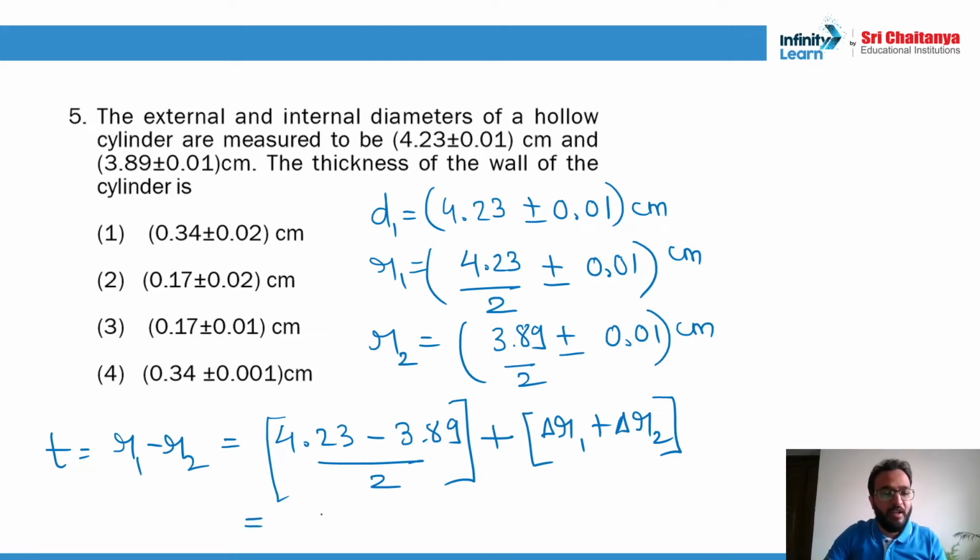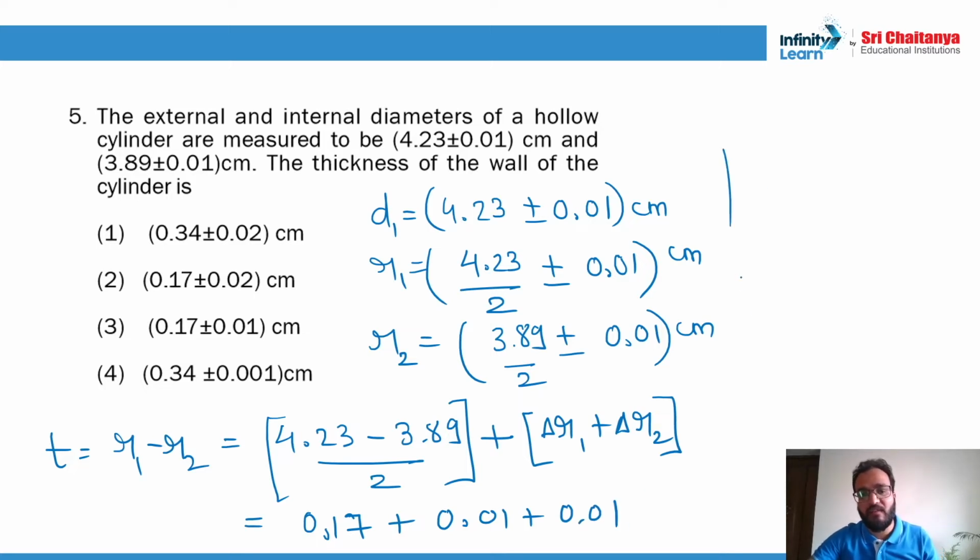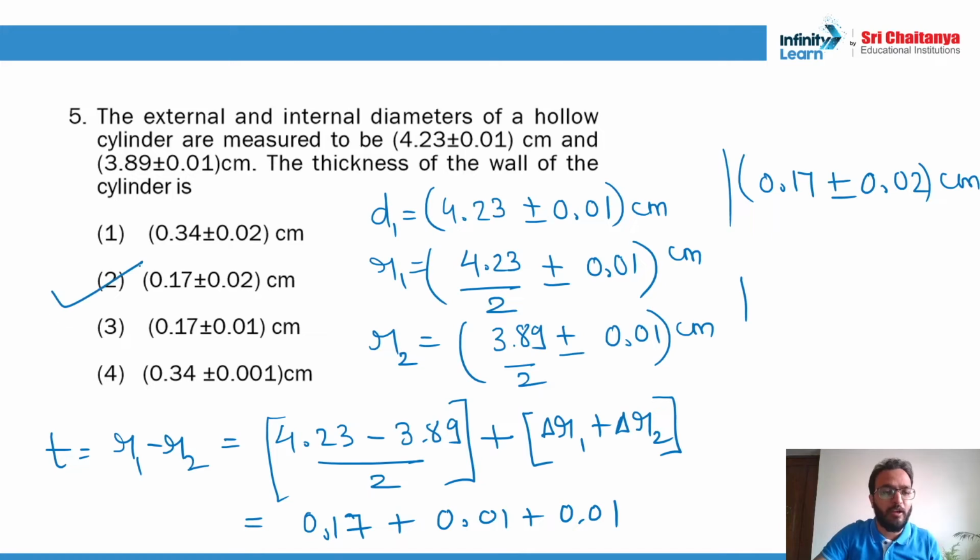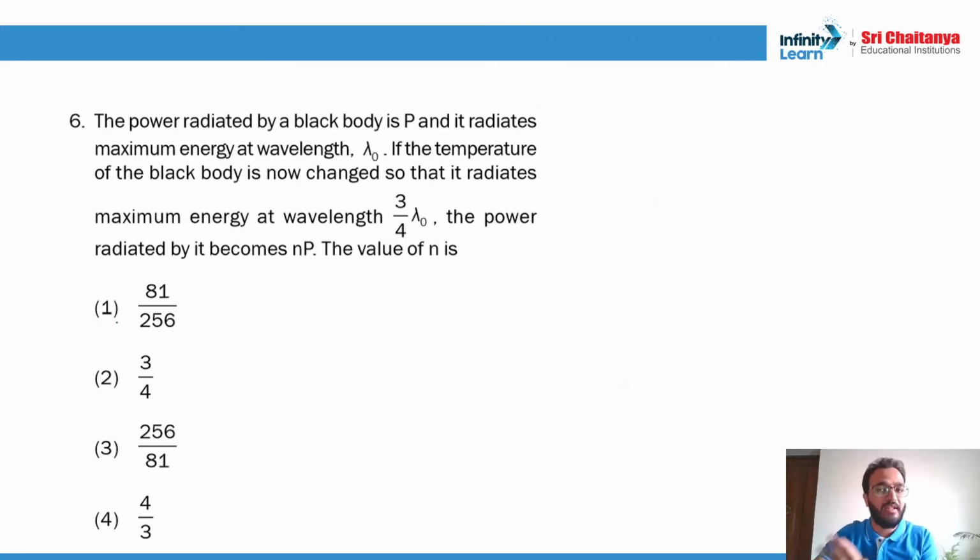So 4.23 minus 3.89 by 2 is 0.17, plus 0.01 plus 0.01. So your final answer will be 0.17 plus minus 0.02 centimeter, right? Second option is correct. Though third is given, second is correct.